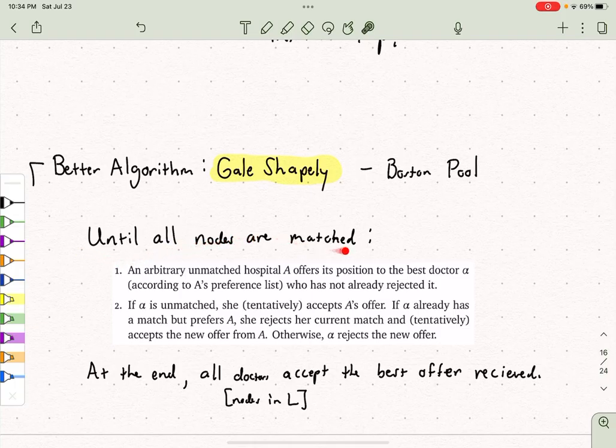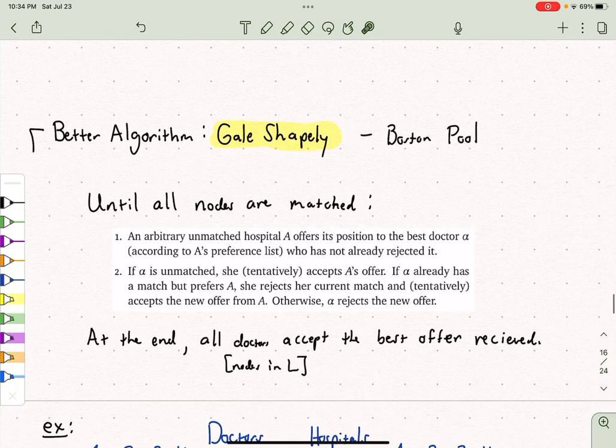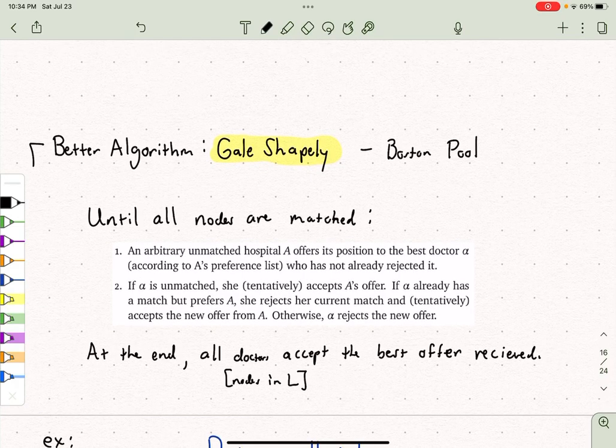So until all nodes are matched, specifically all nodes in L, but that will also imply all the nodes are matched, we're going to look at any hospital that's unmatched, and we'll have them offer a position to the best doctor on their preference list who has not already rejected them.